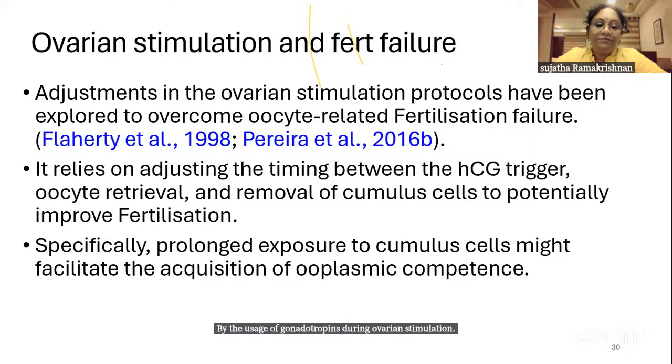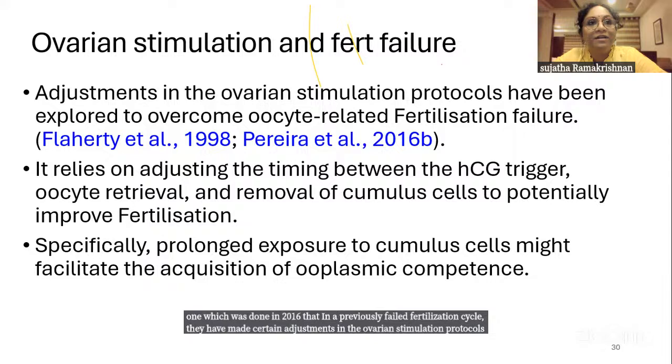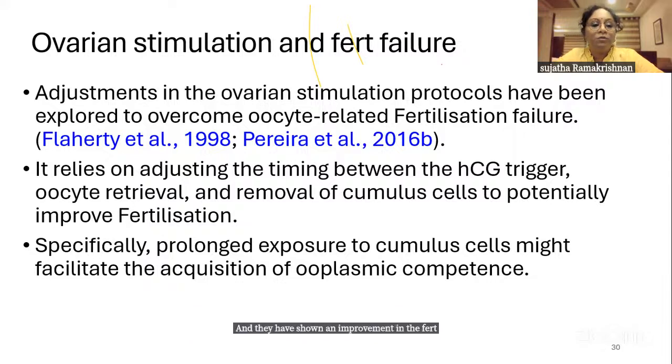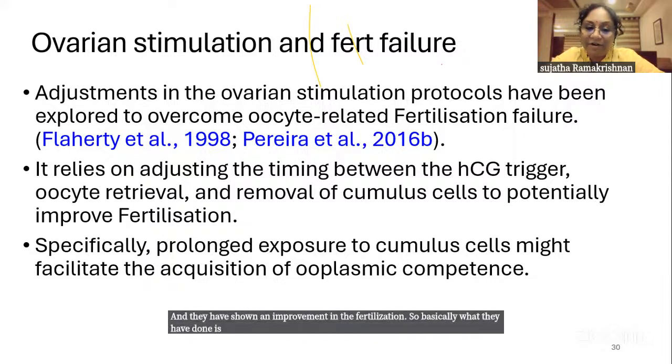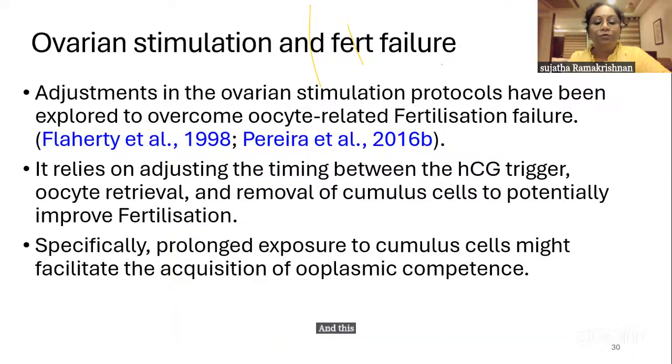Now, this is a very interesting study which was done as early as 1998, but there was also another one done in 2016, where in a previously failed fertilization cycle, they made certain adjustments in the ovarian stimulation protocols, and they showed an improvement in fertilization. Basically, they adjusted the time between the HCG trigger and oocyte retrieval, and they also extended the timing of the cumulus denudation process, and this is shown to improve fertilization.